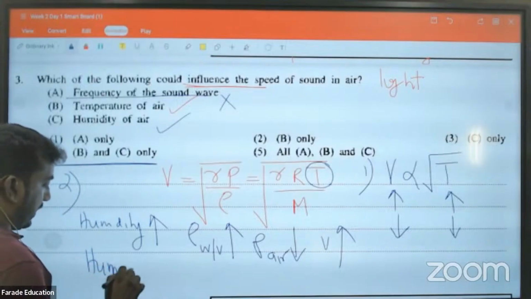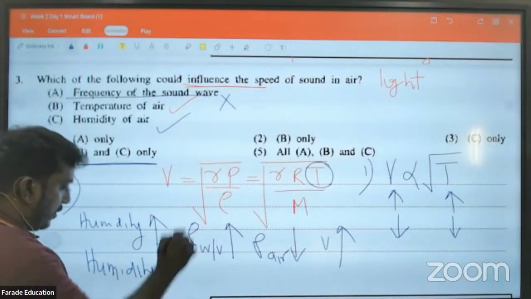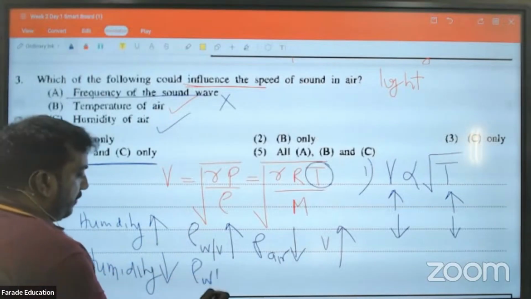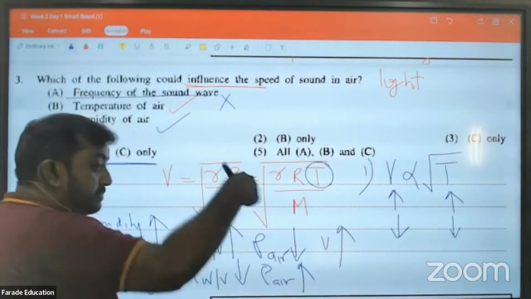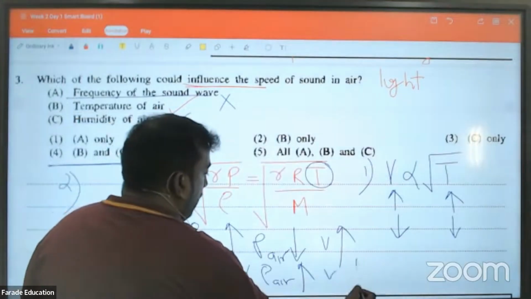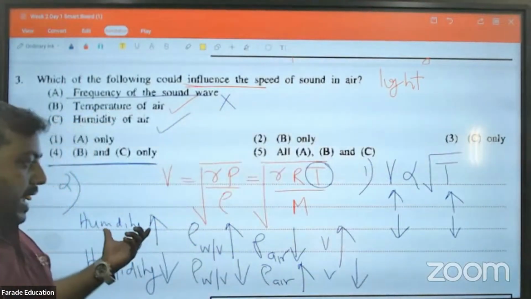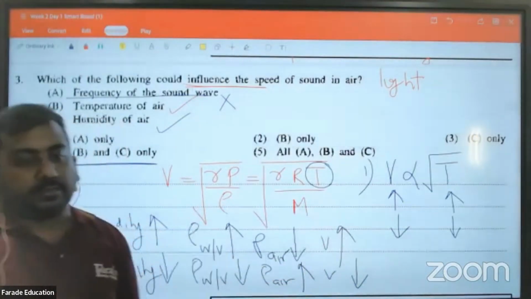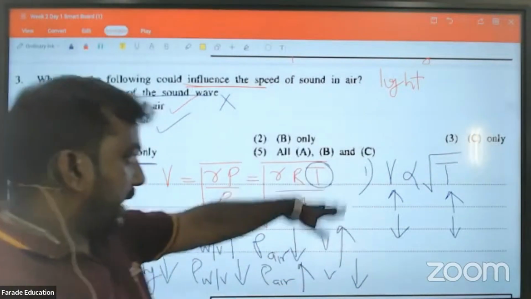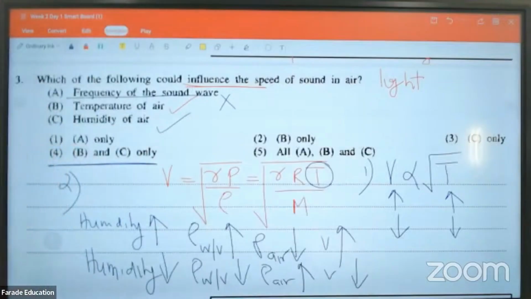Humidity reduces, density of water vapor reduces, density of air therefore increases, more air content, therefore velocity of sound will reduce. High humidity, high velocity; low humidity, low velocity. Okay, now quickly write down. So the correct answer here is answer number 4.